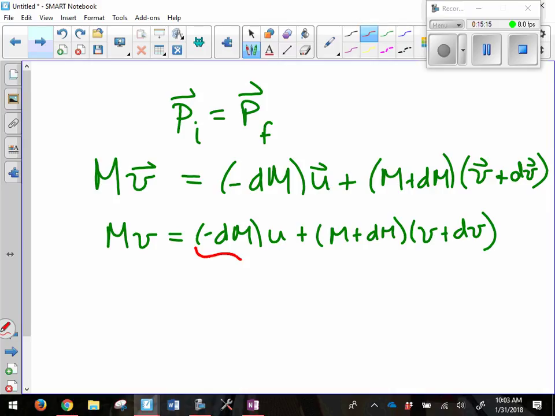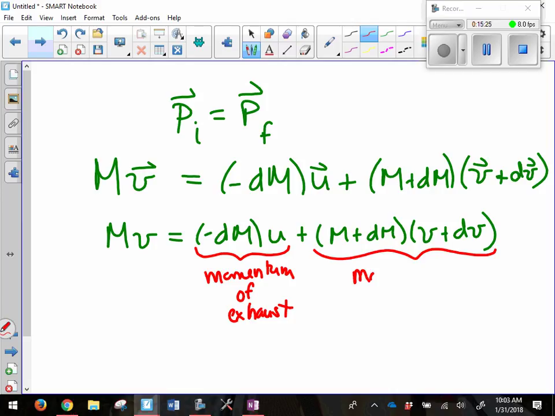And this, like I said, is the momentum of the exhaust. And this is the momentum of the rocket.